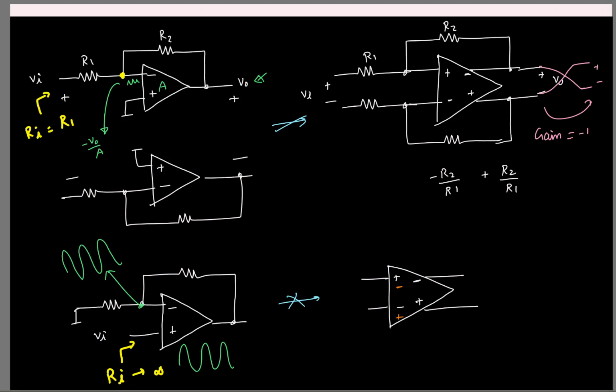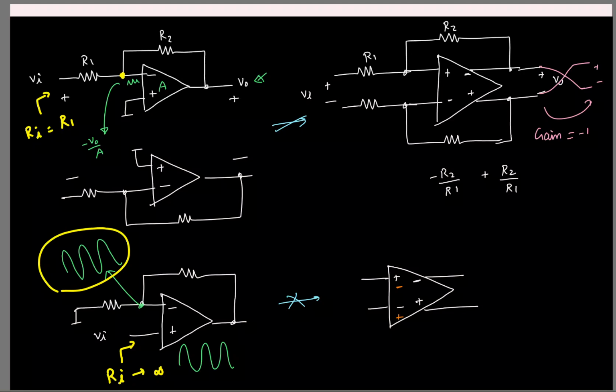And even otherwise, all your small signal analysis is built on the premise that the swings at all the terminals are quite small, isn't it? But here you see that the swings are quite large. So which of these two do you think will be more linear, inverting or non-inverting? Inverting, right?